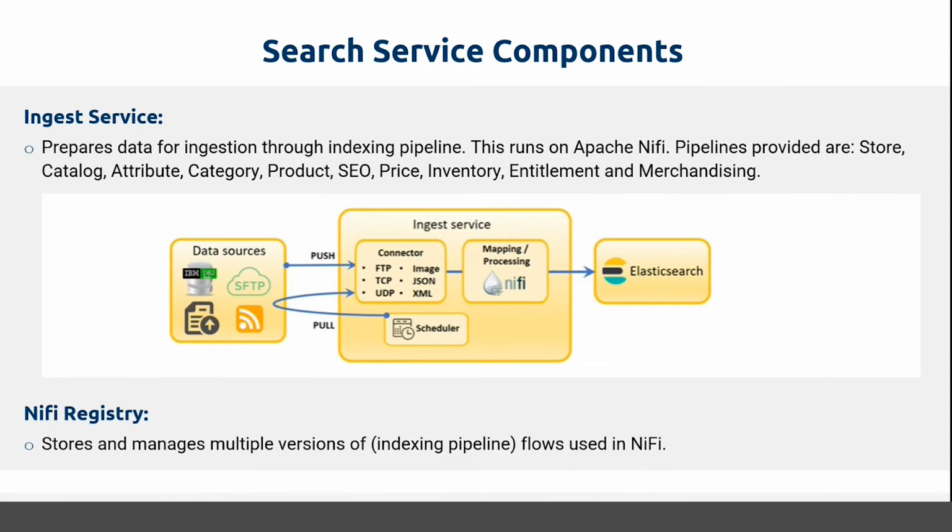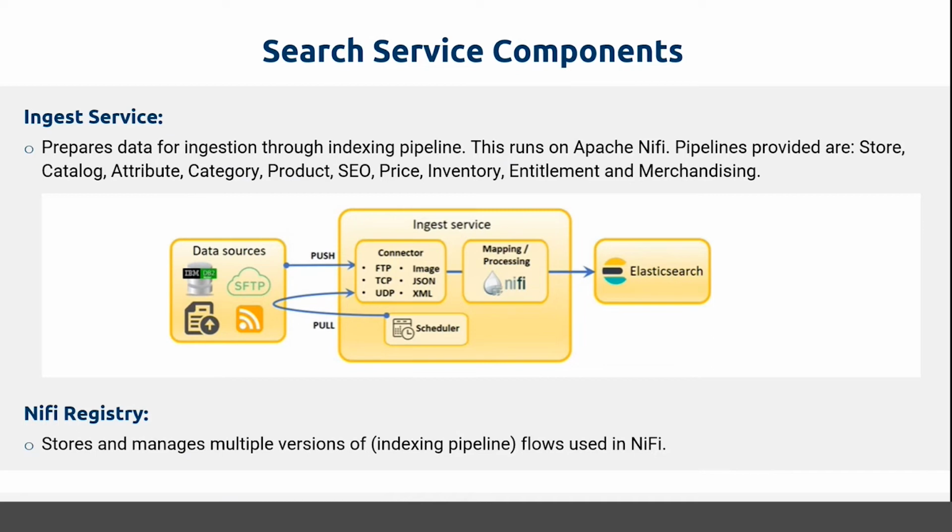Ingest Service. So, Ingest Service prepares the data to be indexed in Elasticsearch through indexing pipelines. This runs on Apache NiFi, which is an ETL tool. As shown in the image, the data is loaded from various sources to Ingest Service, which sends the data to Elasticsearch after processing.